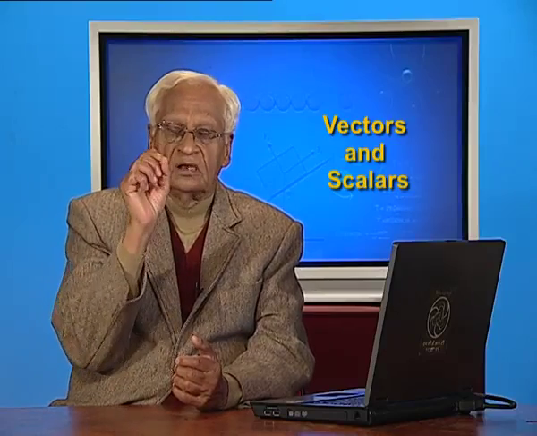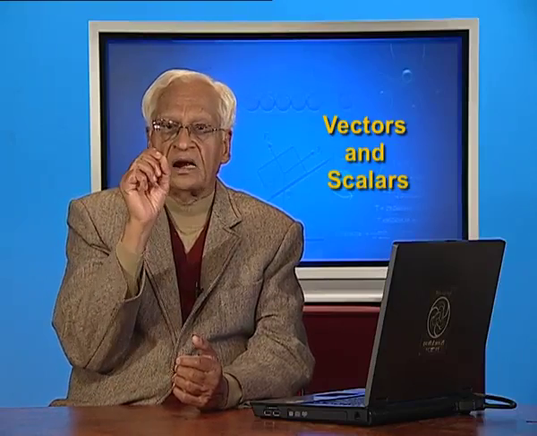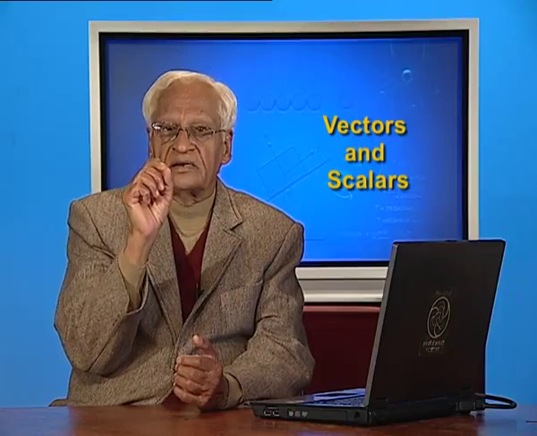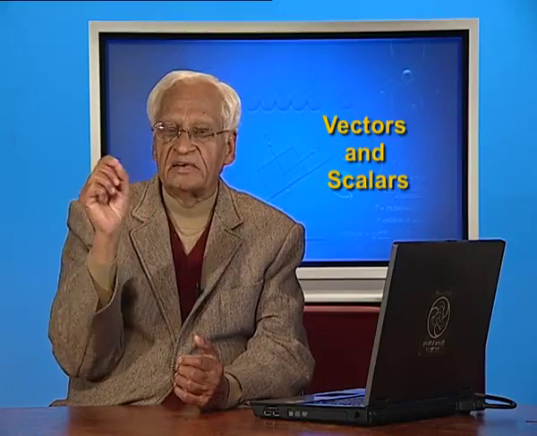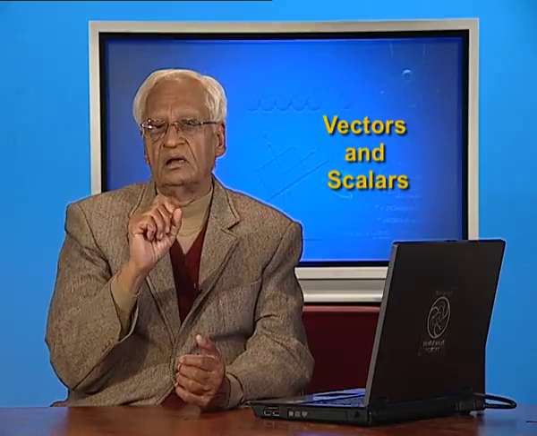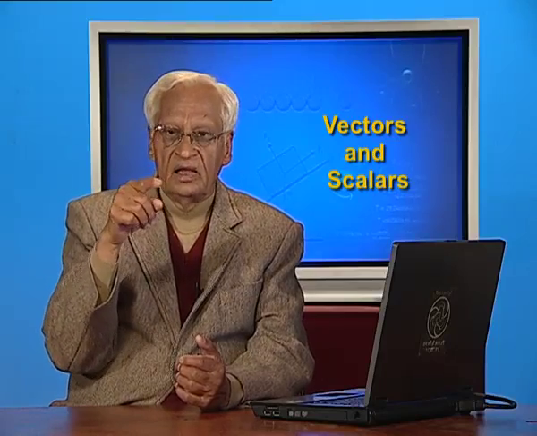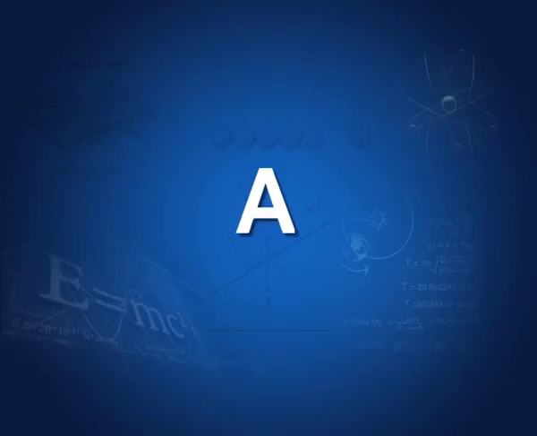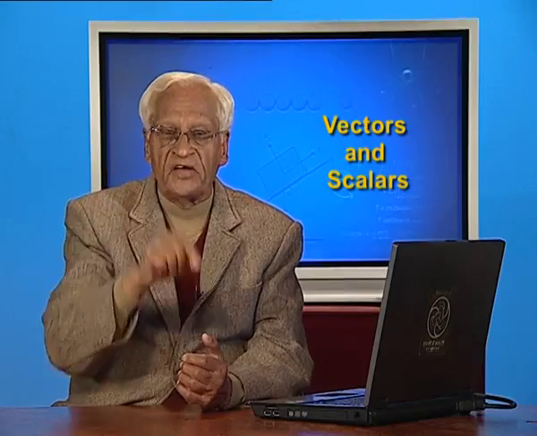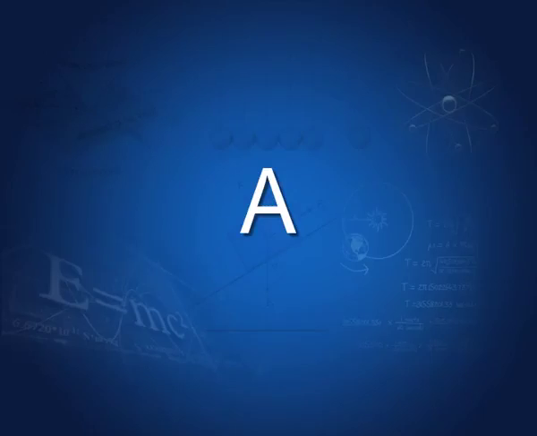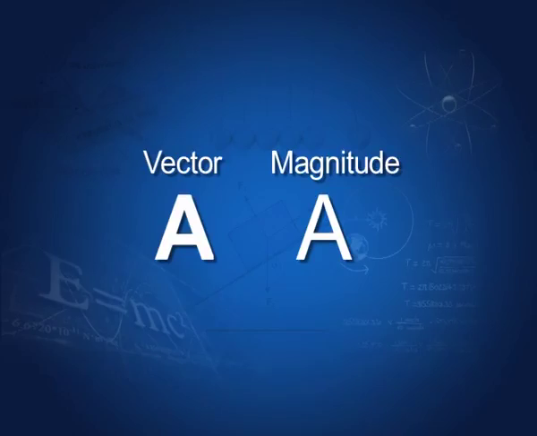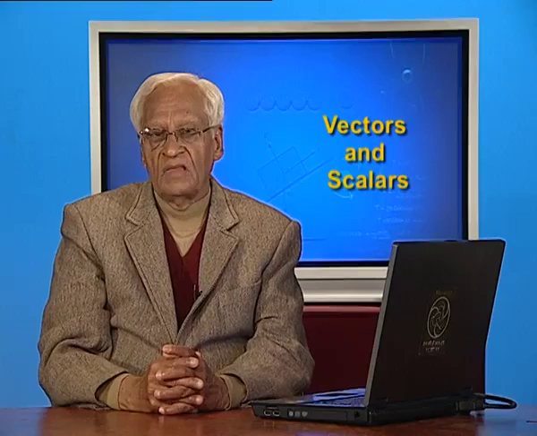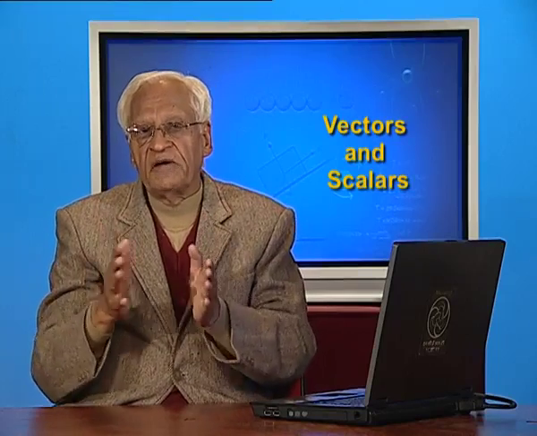In those books, the vectors are represented by bold letters and scalars by normal letters. For example, if I have to show that A is a vector, then A would be bold, the magnitude of A would be in a normal font, and the vector itself would be A in the bold font. So, this is how we represent vectors.